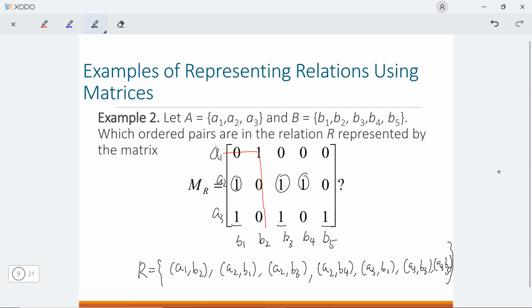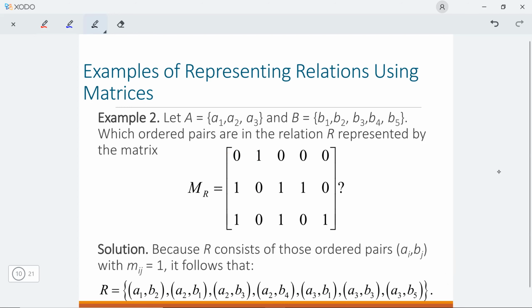Okay, so now we already know how we can use a matrix to write our relation. In our previous video, we introduced 4 types of important relation. They are reflexive relation, symmetric relation, antisymmetric relation, and transitive relation.